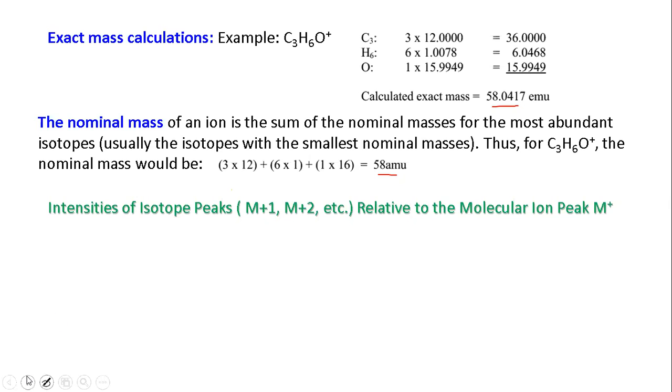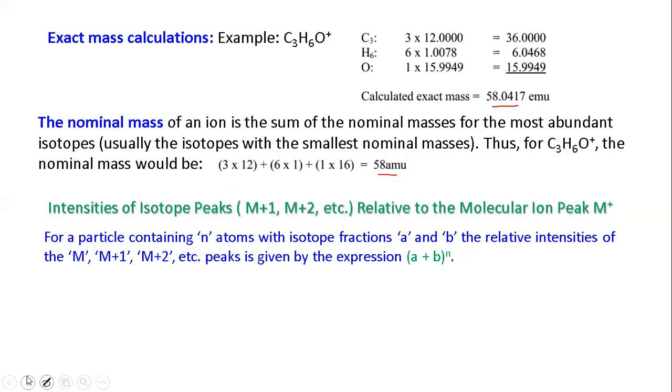Okay, let us give the information here for a particular compound. Say suppose you have a particular atom which is having n number, with isotope fractions A and B, the relative intensity for that case, the M plus 1 and M plus 2 peak, is given by this expression: A plus B whole to the power n. Okay, so this is the expression.